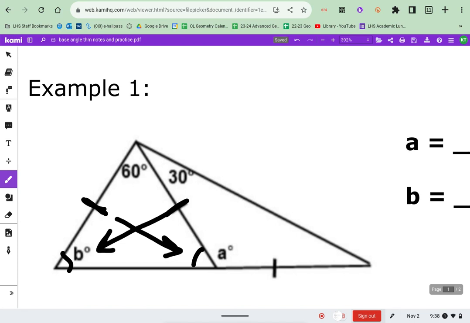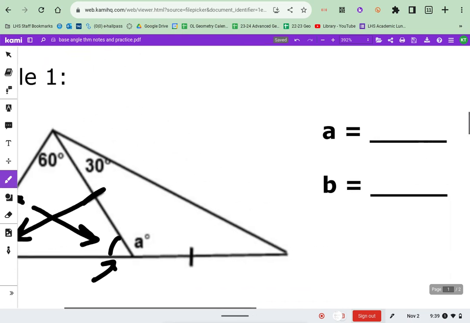According to our triangle sum theorem, angles in a triangle always add up to 180. So for this triangle on the left, how many degrees are left over after we subtract 60? 120. So if these two angles have to equally share 120, each of them is 60. So that makes B 60 degrees.